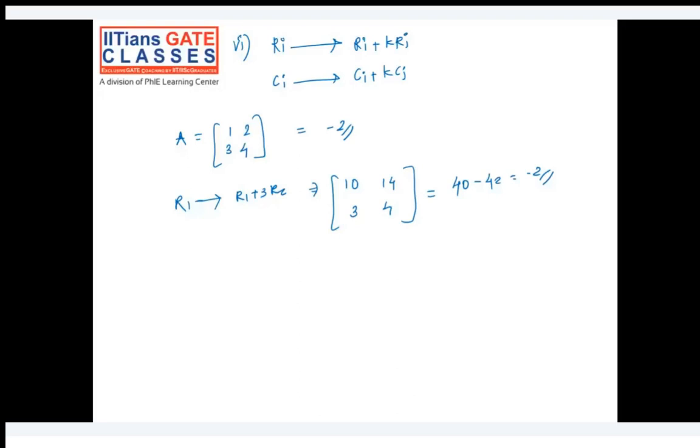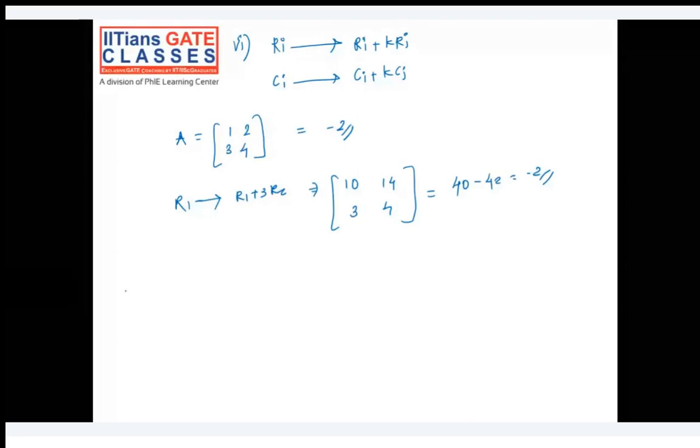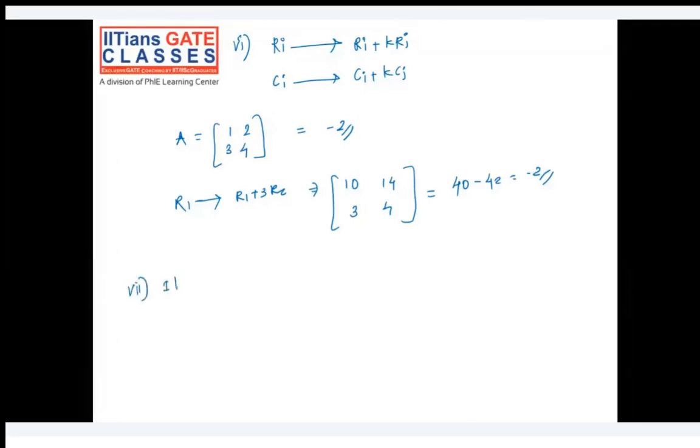The next property: if two or more identical rows or columns are there, what will happen to the determinant? Zero.